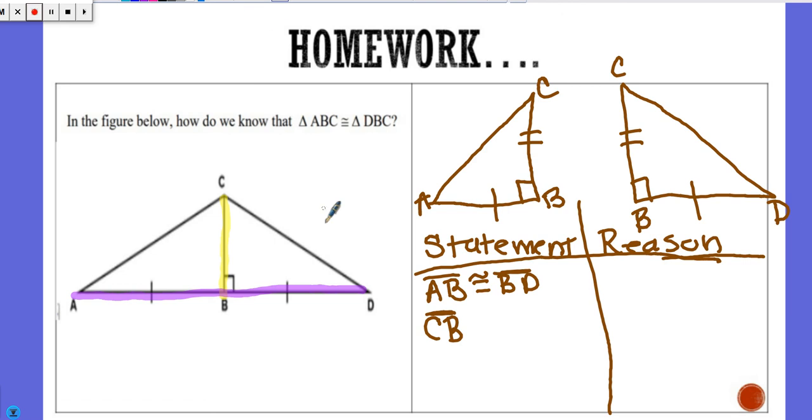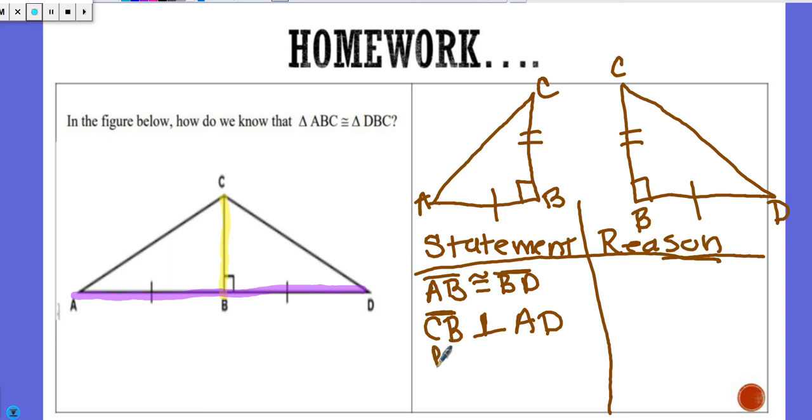So that is called a perpendicular bisector. So CB is also perpendicular to AD, and it is also a perpendicular bisector.